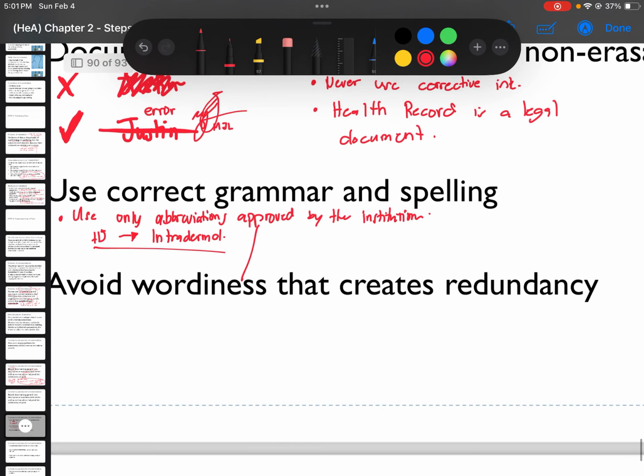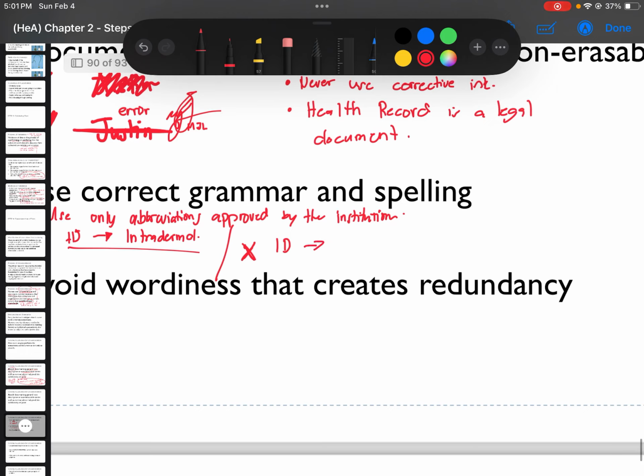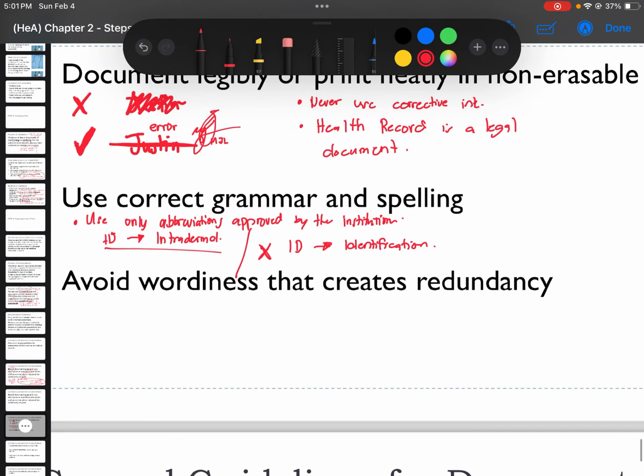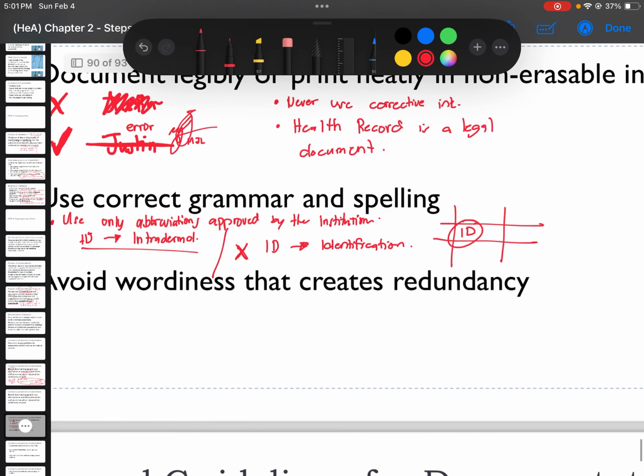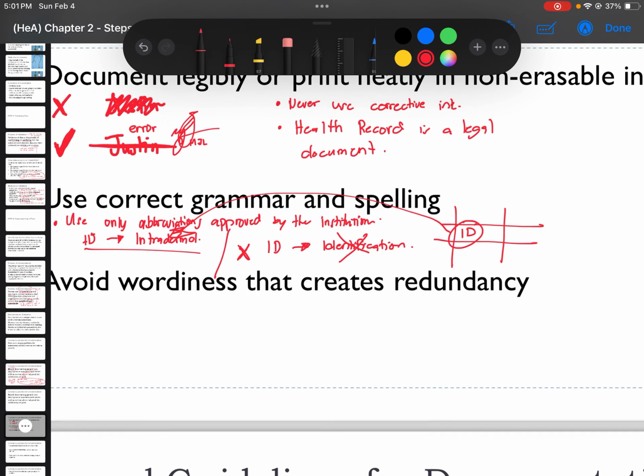So in that case, class, you should not, and I repeat, you should not use the abbreviation ID to signify identification. If there is a chart there that says ID, it probably signifies intradermal, not identification.